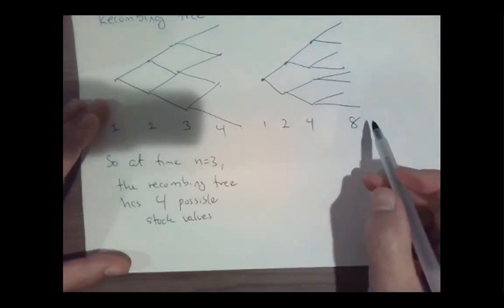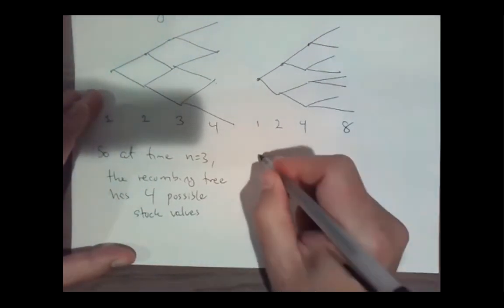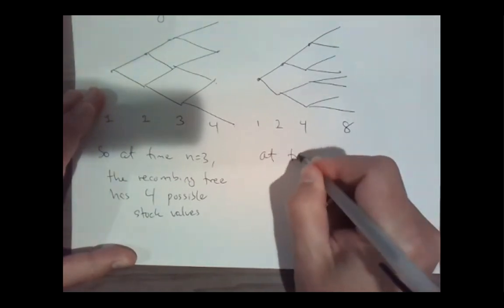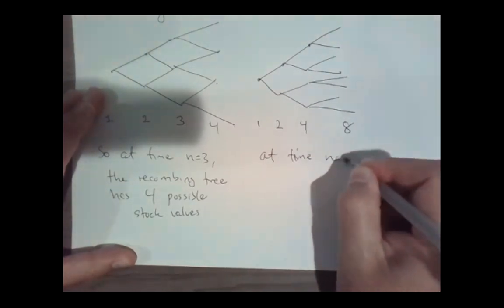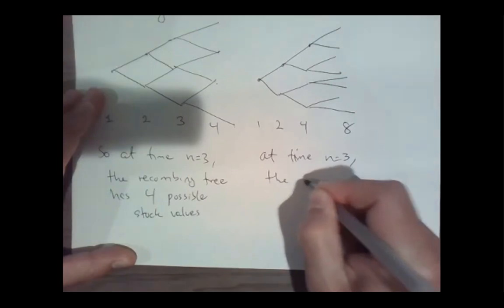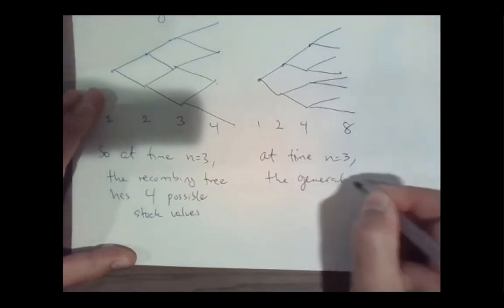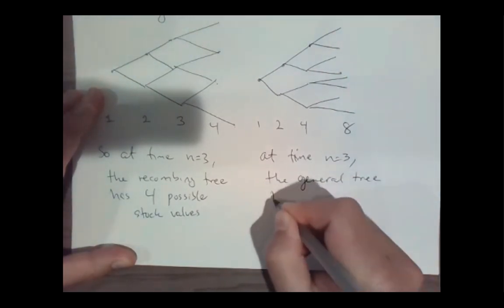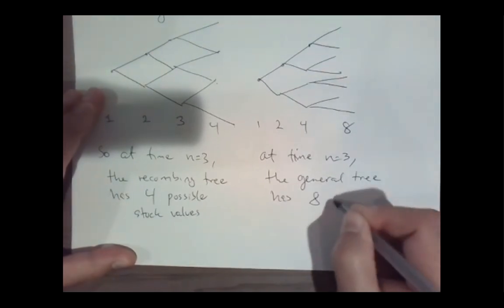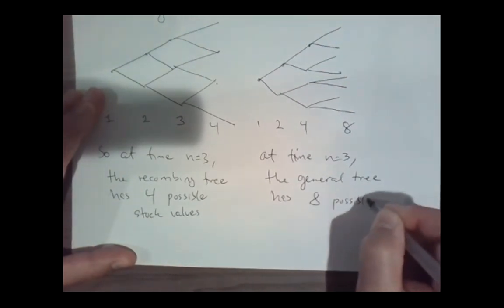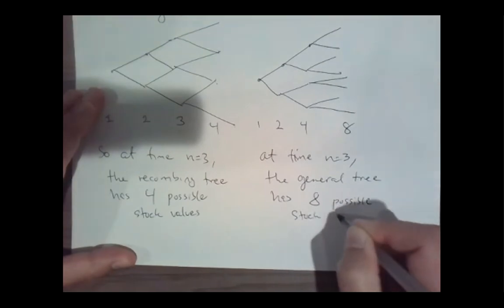But if you look over here, it's much richer. At time 3, the non-recombining, general tree has 8 possible stock prices.